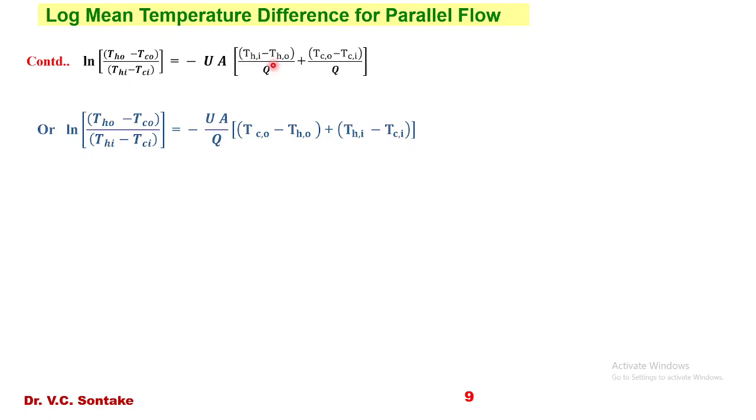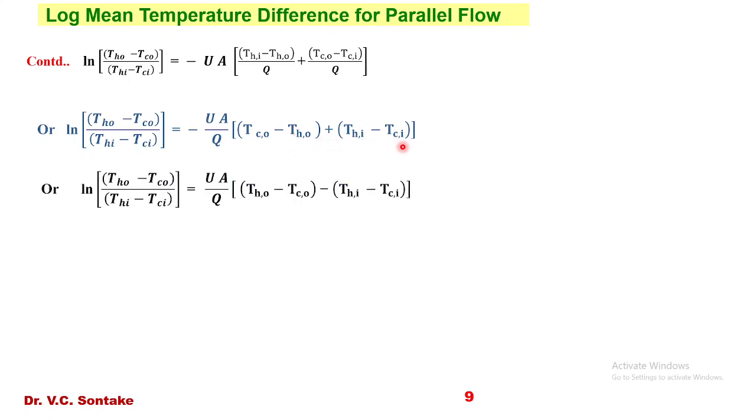Rearranging this in terms of temperature difference at the outlet of the heat exchanger and at the inlet of the heat exchanger, further simplification will give log of THO minus TCO over THI minus TCI is equal to, taking the minus sign inside the bracket, U into A over Q into THO minus TCO minus THI minus TCI.